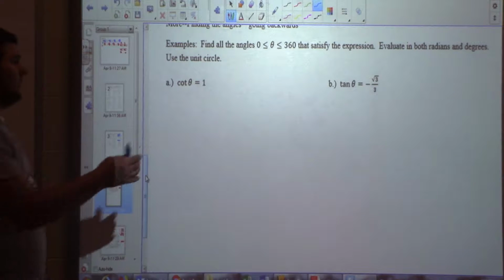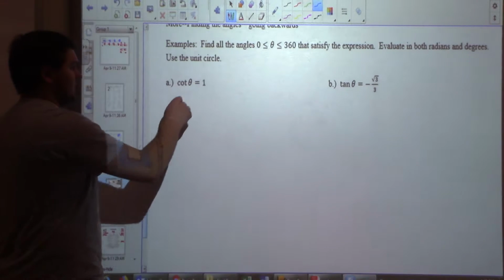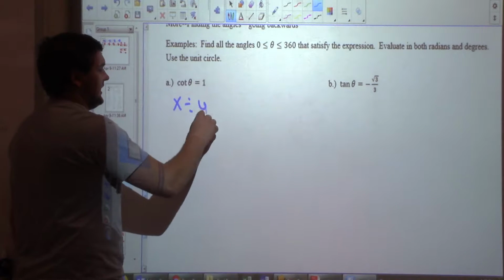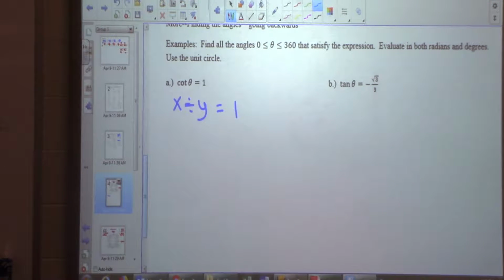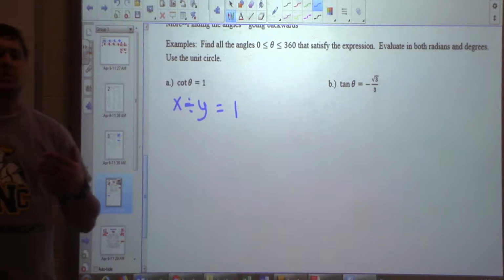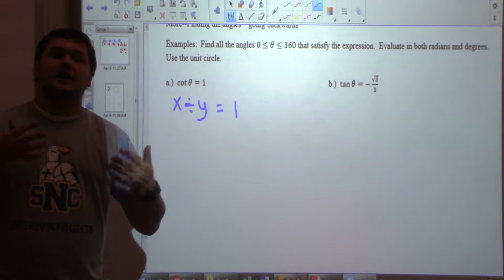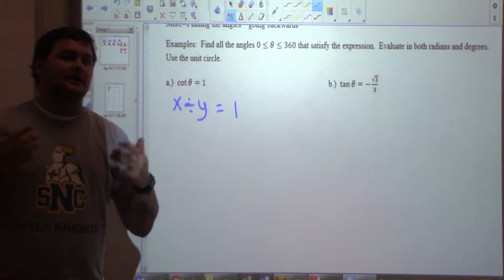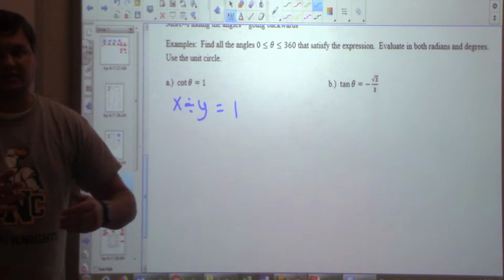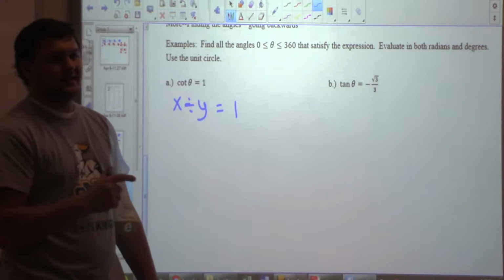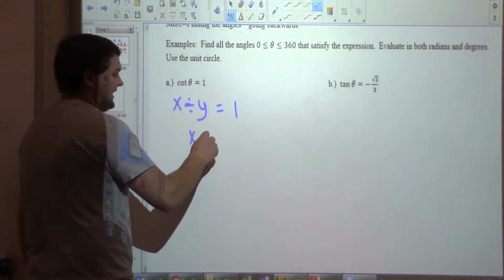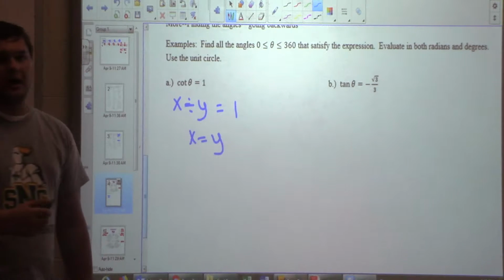Alright? So, cotangent theta equals 1. Well, cotangent theta is x divided by y equals 1. What two numbers, when we do division, equal 1? The same numbers, right? 3 divided by 3, 5 divided by 5, negative 6 divided by negative 6. So I know if I divide x and y and it equals 1, that x has to equal y.